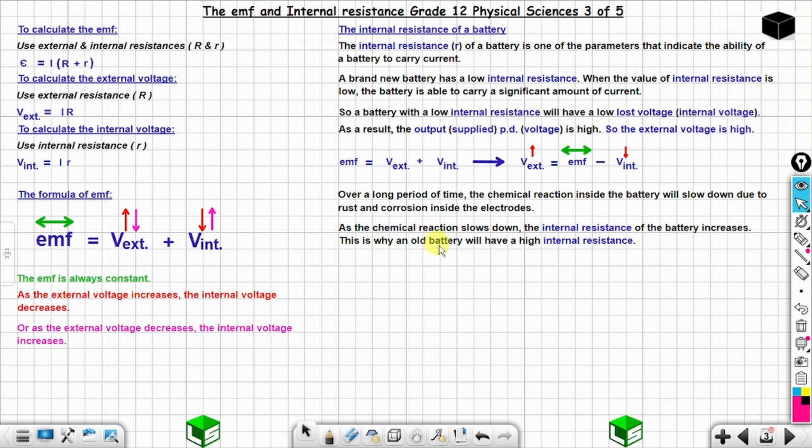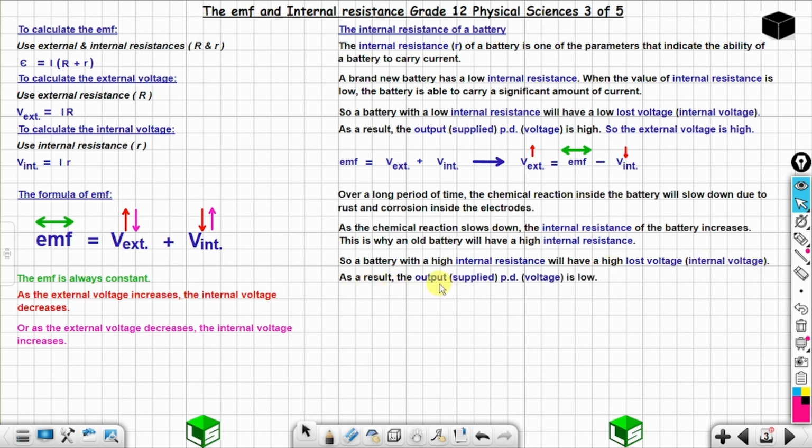This is why an old battery will have a high internal resistance. A battery with a high internal resistance will have a high lost voltage, or a high internal voltage. As a result, the output, or the supplied potential difference or voltage, is low. So the external voltage is low.